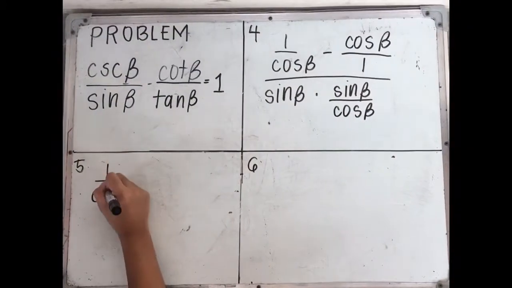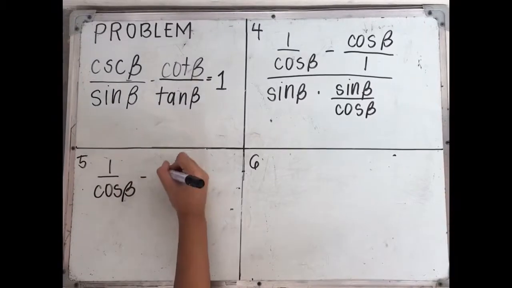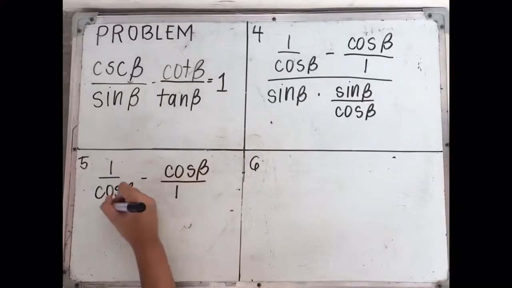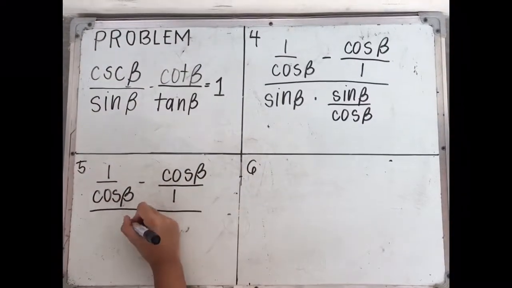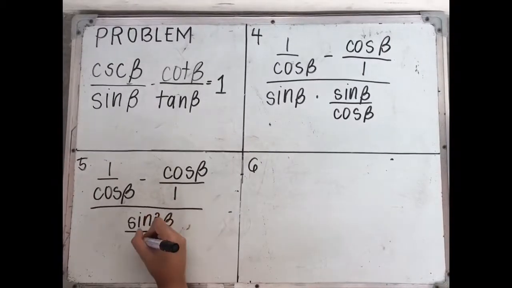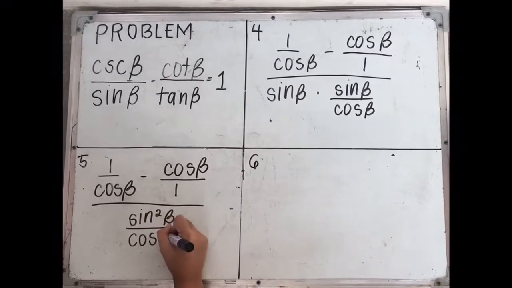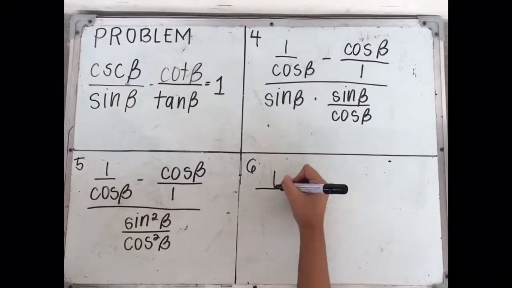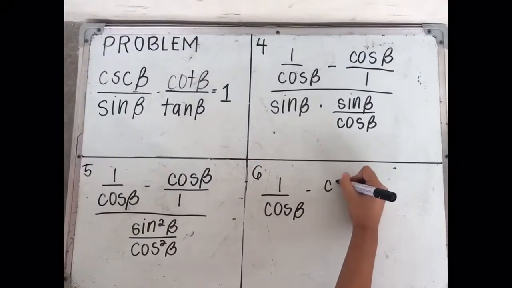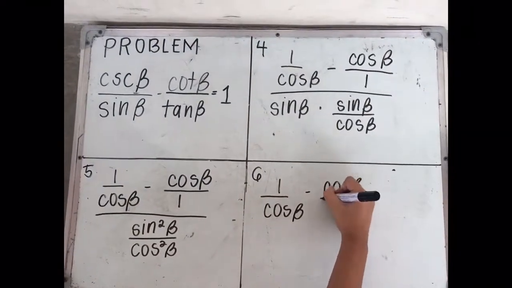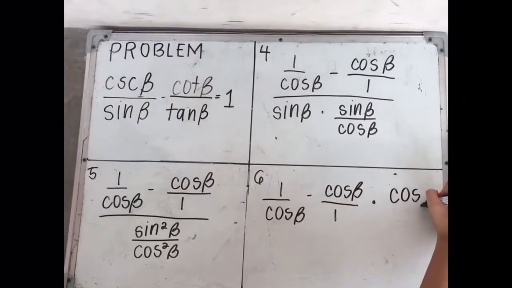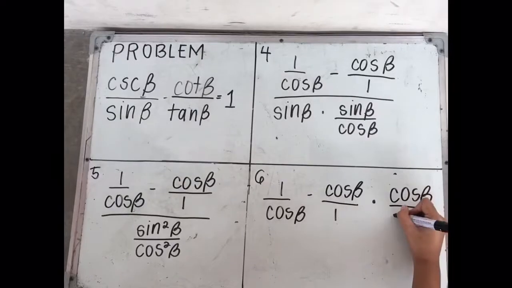Fifth is 1 over cosine beta minus cosine beta over 1 over sine squared beta over cosine squared beta.